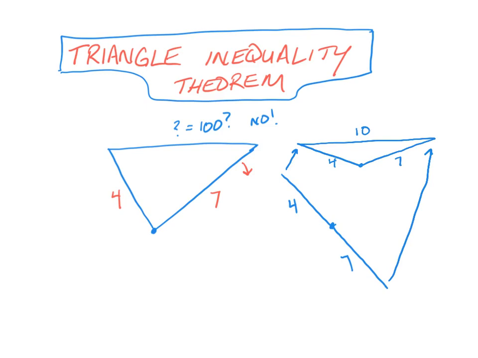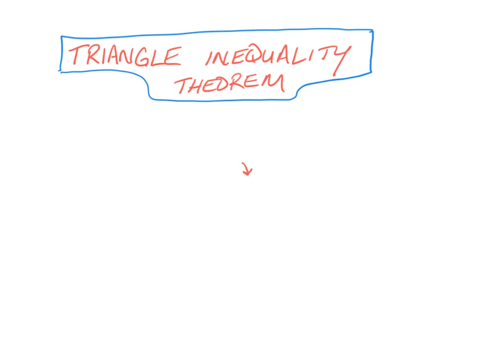So the Triangle Inequality Theorem basically says, there's two parts to it. The first part is if you have two sides, the third side can't be bigger than those two sides added together. Let's go ahead and erase this for a second. Okay, we'll start over here. Let's go back to our 4 and our 7.